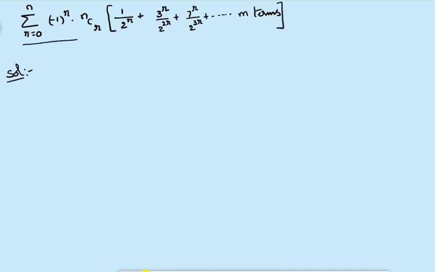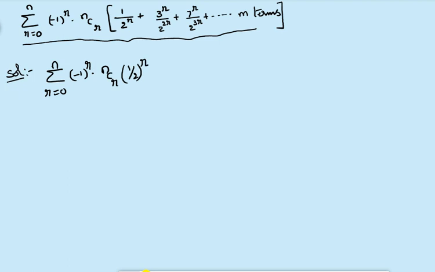He is asking us to find this summation up to m terms. Observe here: sigma r equals 0 to n, (minus 1) whole to the power of r into nCr into (1 by 2) whole to the power of r.